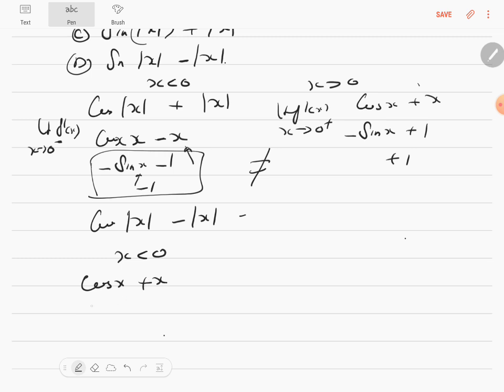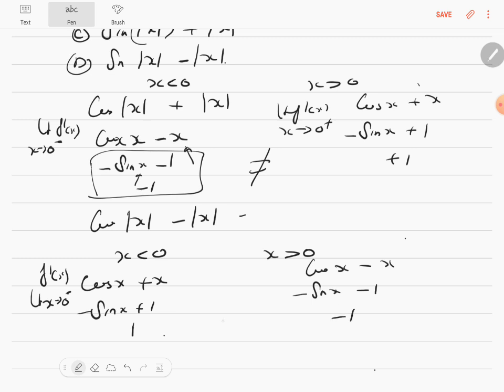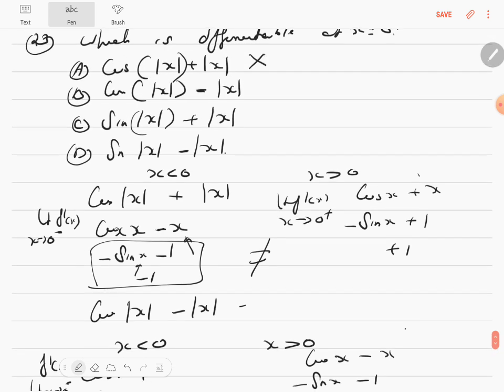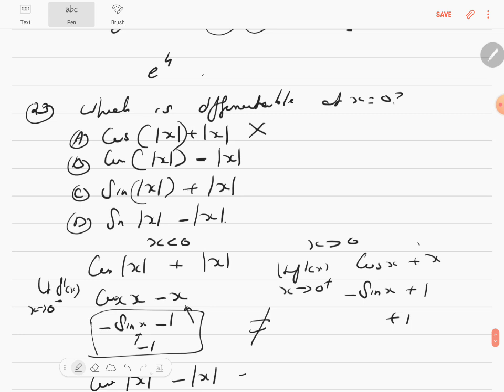When you differentiate it you get minus sin x plus 1, and this is the limit of f dash of x as x tends to 0 from the left. Sin 0 is 0, so the answer is plus 1. Let's do the same for x greater than 0. It will be cos x minus x, and differentiating you get minus sin x minus 1. When you substitute 0, the left hand limit is not equal to the right hand limit, so B is also ruled out.